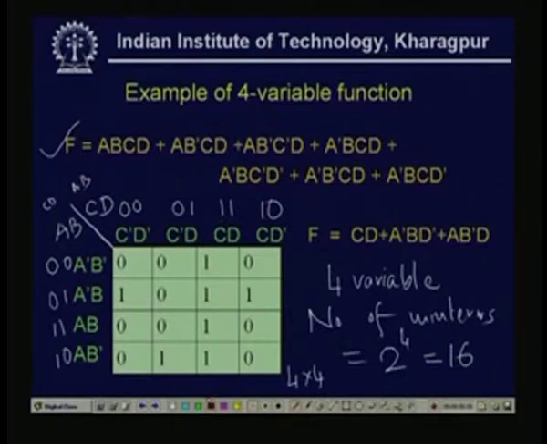Now, first we are seeing there exists one quad here. This is one quad. Now, see here there is another couple and another couple. If I fold, these are one couple. So, two couples and one quad exist in the 4 variable function given.